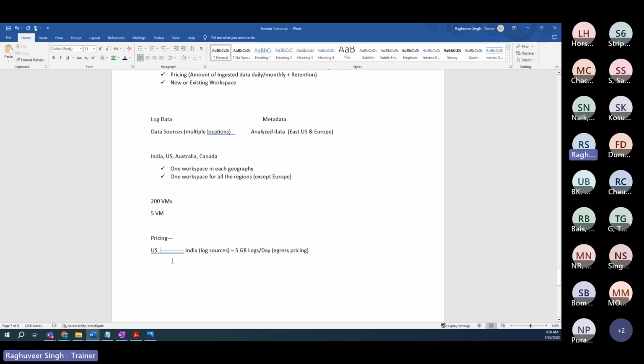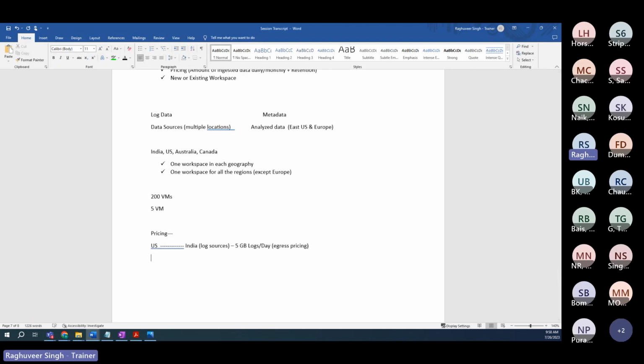So you will need to do a lot of permutations and combinations for the pricing to see whether this will make sense. I mean, whether creating a separate workspace in India makes sense from pricing perspective, or whether choosing a central workspace in another country and sending logs from India will make sense from pricing perspective. And it's a trade-off between administrative effort and pricing.